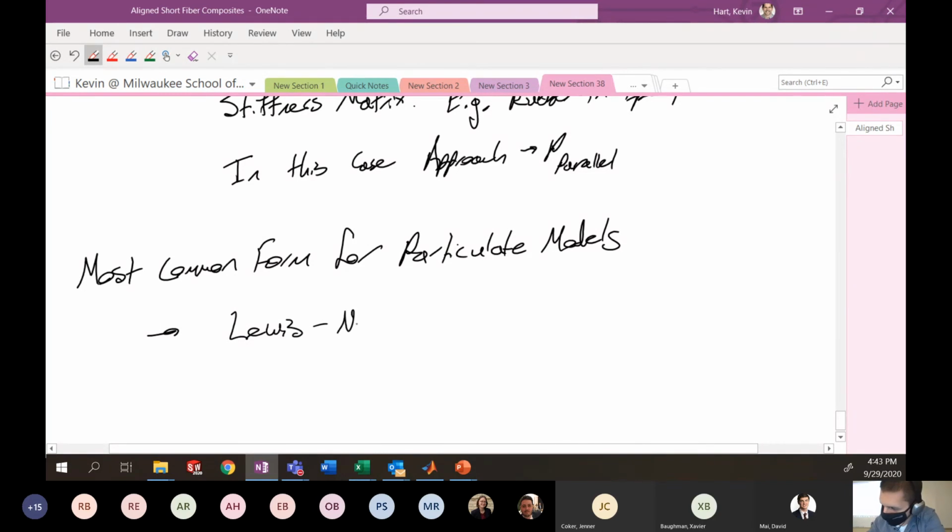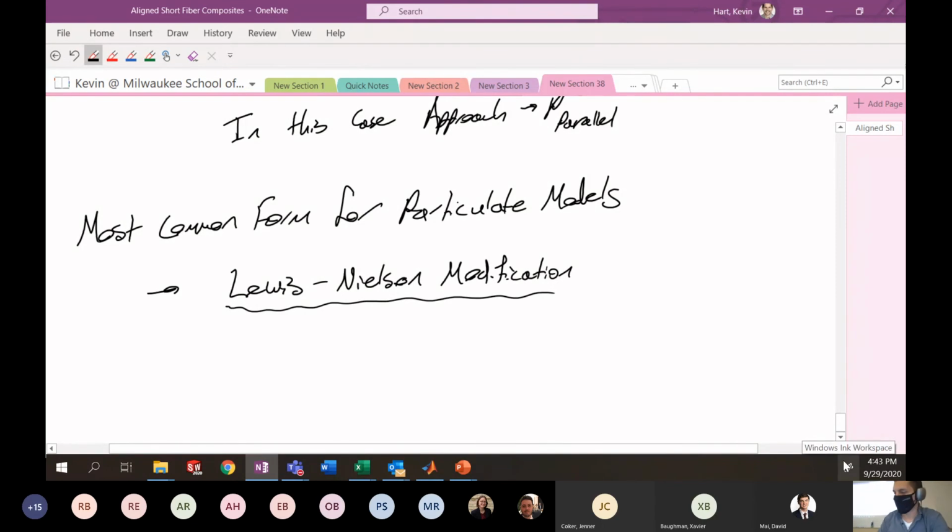Lewis-Nielsen. I before E, except after Lewis, N. Just kidding. This is specifically for particulate composites, and this is a modified Halpin-Tsai equation.